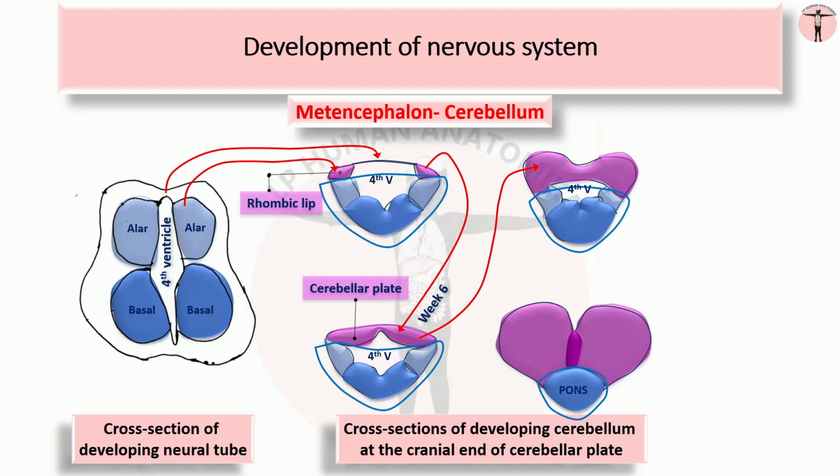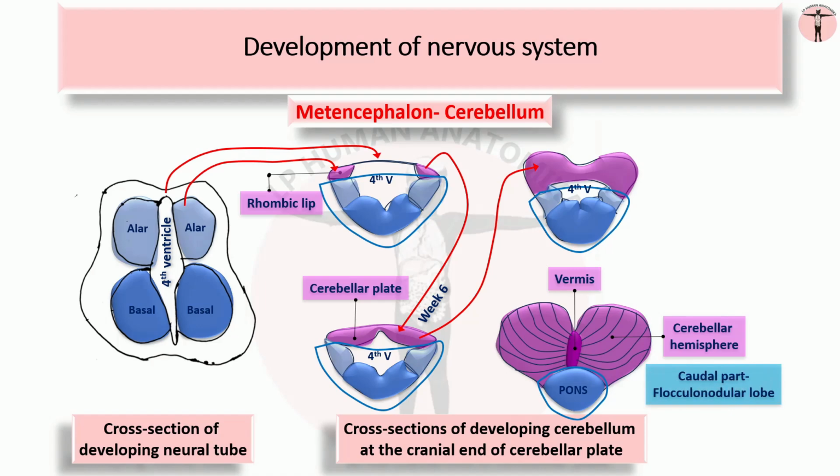The cranial portion forms the vermis and the cerebellar hemispheres, both of which undergo extensive formation of fissures and folia. The caudal portion of the cerebellar plate forms the flocculonodular lobe, which is the most primitive part of the cerebellum.